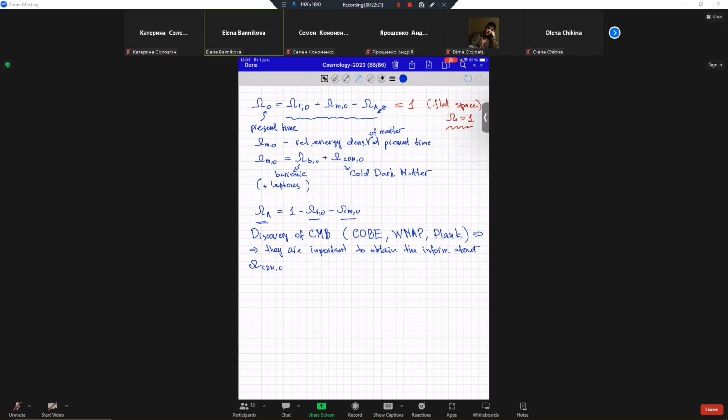Omega matter 0 plus other values. It's understandable that lambda also. If I remember correctly, I will look later on the WMAP page, you can even find a page where you can play with the numbers and see how the spectrum of the cosmic microwave background will change.